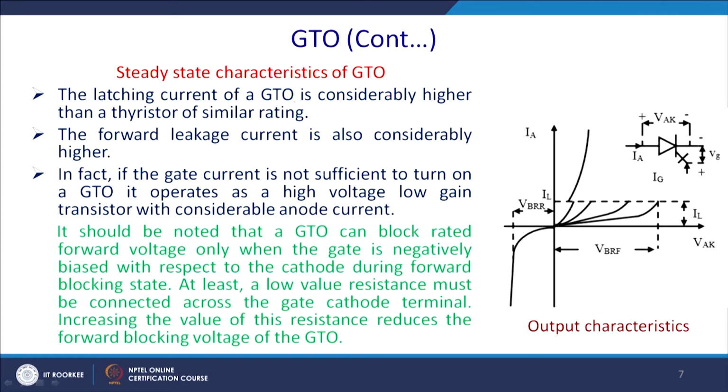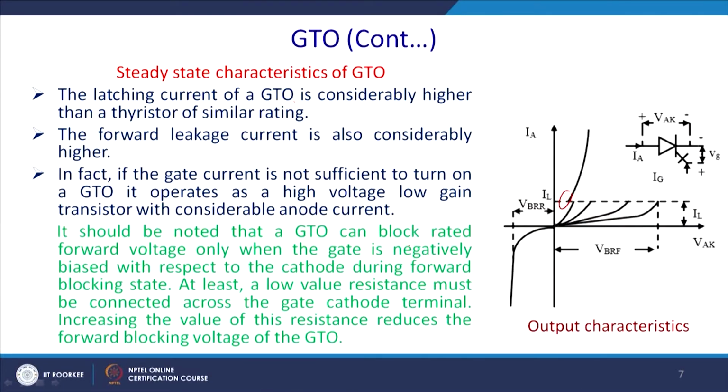In fact, the gate current is not sufficient to turn off the GTO, which operates as a high voltage low gain transistor with a considerable anode current. So, for this we require to do something. The IL value will be higher than the corresponding rating of normal thyristors.